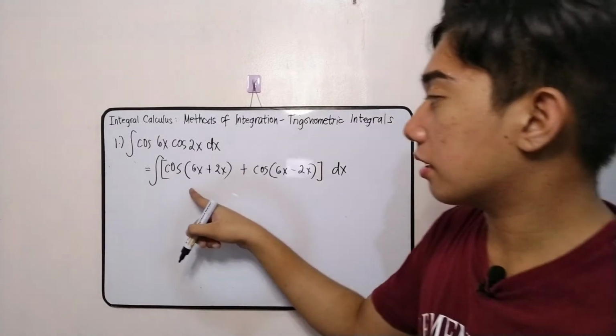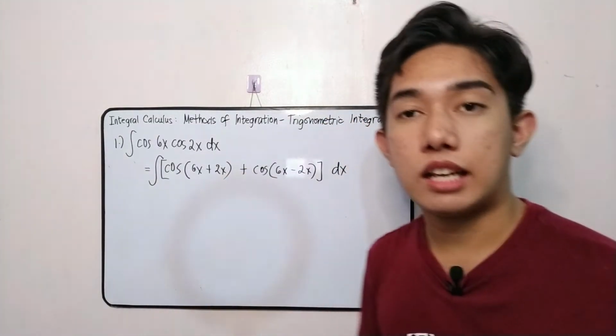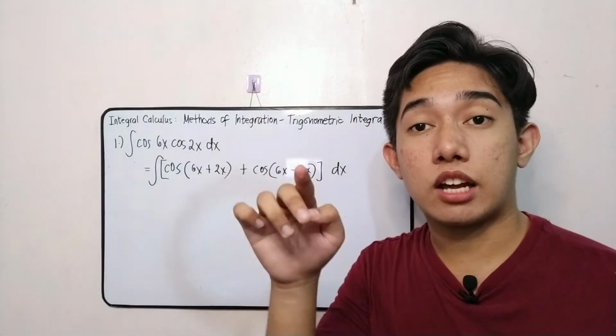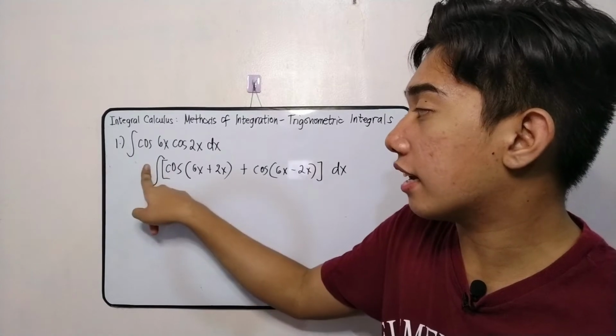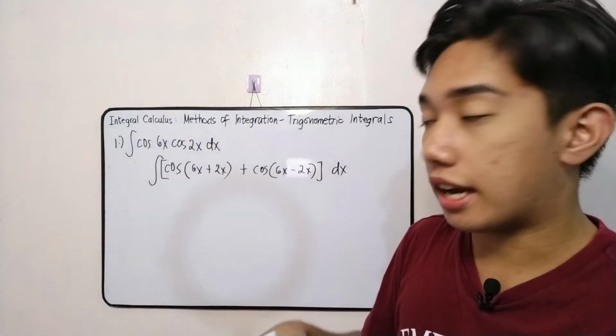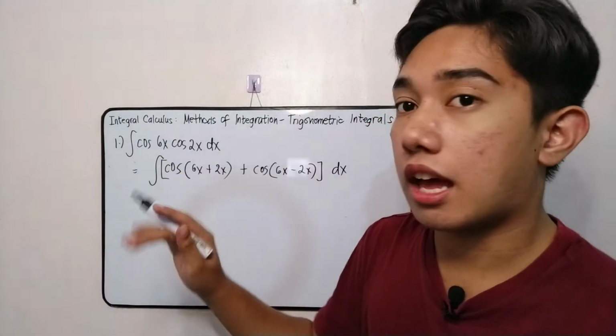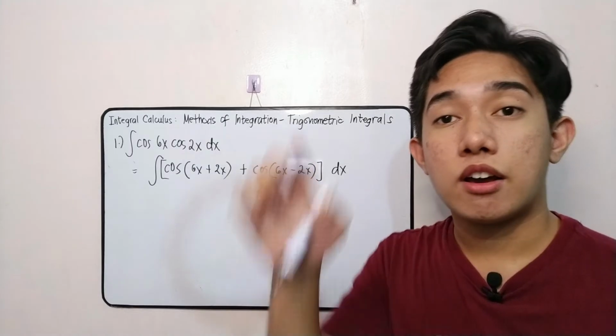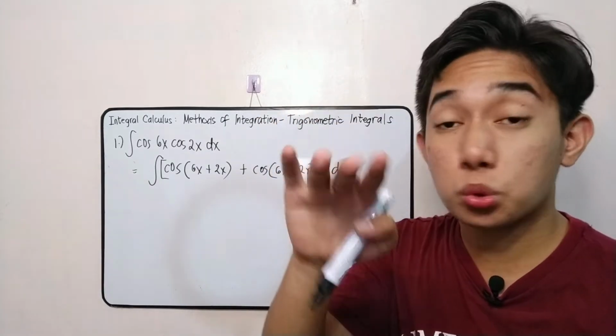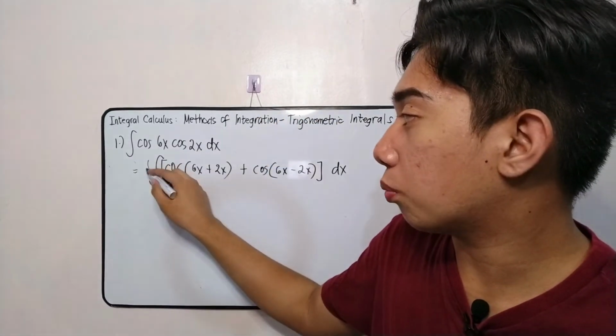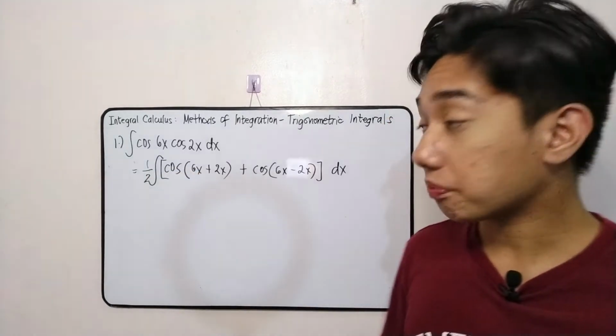And remember, in the formula I introduced to you, the constant at the start is 2. Therefore, we will put 1/2 in this case to equate.